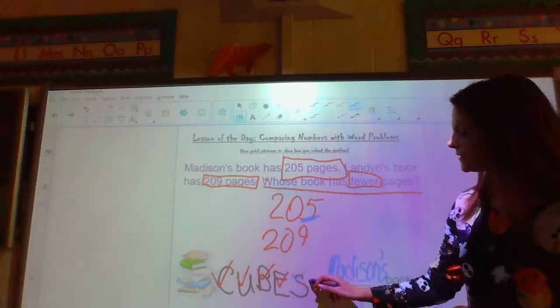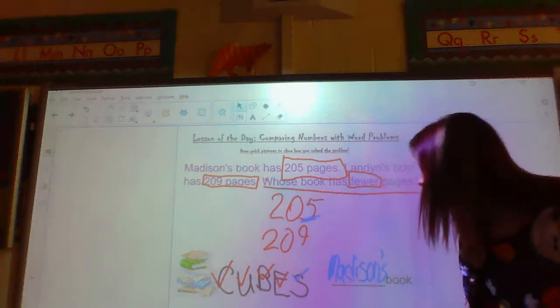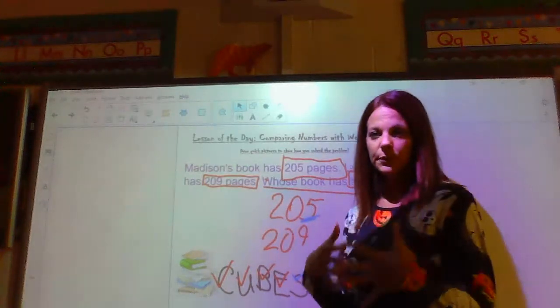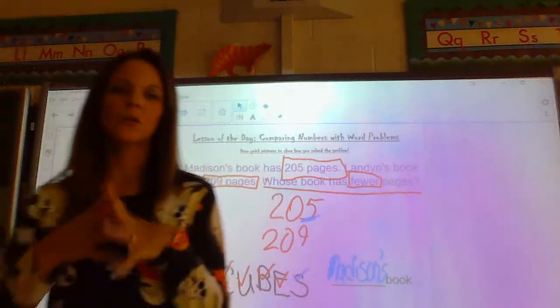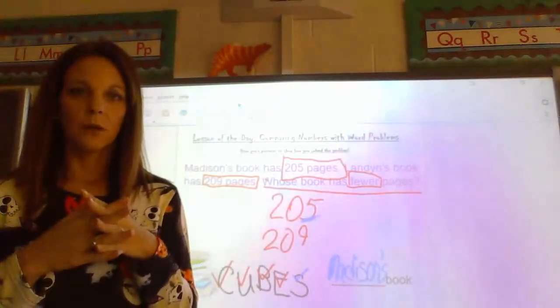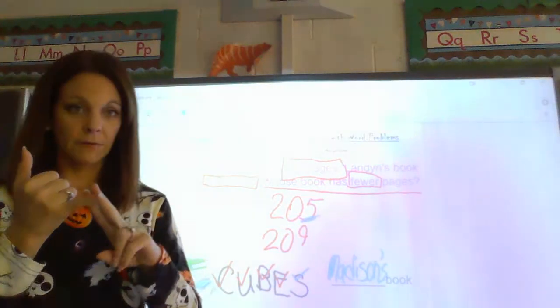So we solved. So for each of these problems, we used CUBES, where we carefully read our problem 2 times, underlined the question, boxed key information, evaluated, and solved. Now we're going to try some problems together.